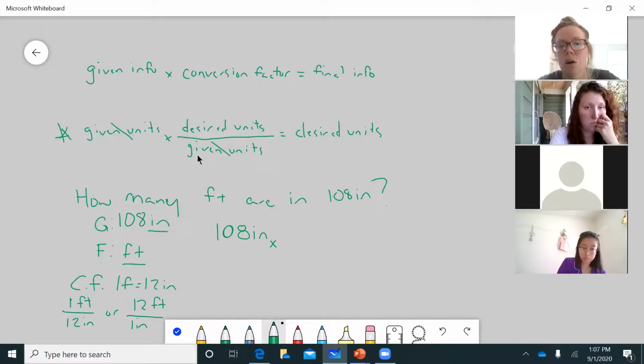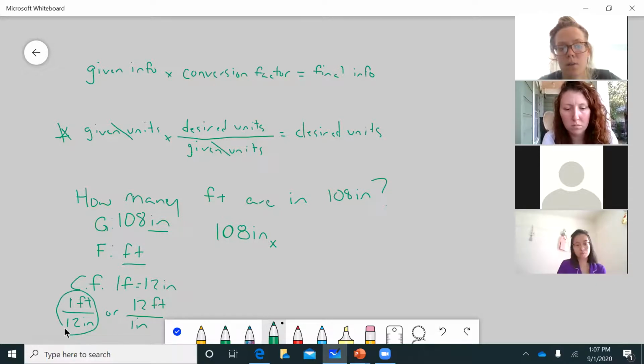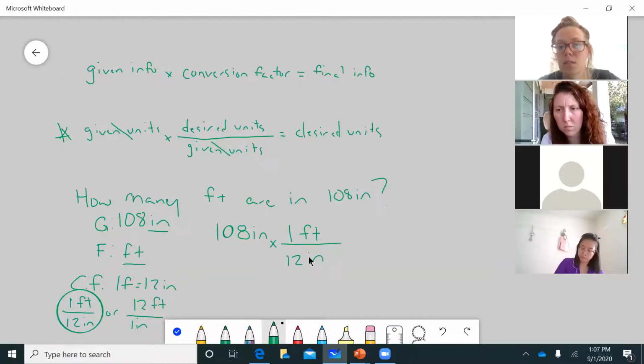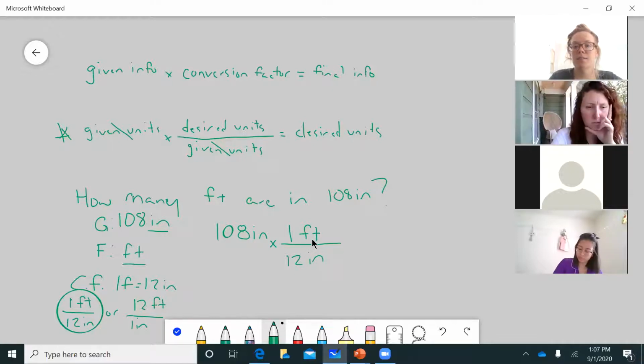So given units always go on the bottom. Desired units, which are feet, will go on the top. So we would want to use this one for our conversion factor. So over here, I'm going to write it in as 1 foot is equivalent to 12 inches. Now, because these two things are equal to each other, it is a value of 1. So I'm not changing the magnitude of my number. I'm just changing the units.